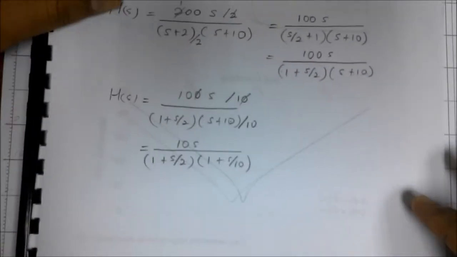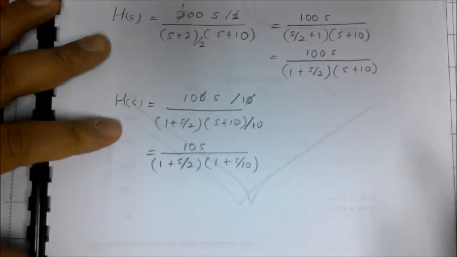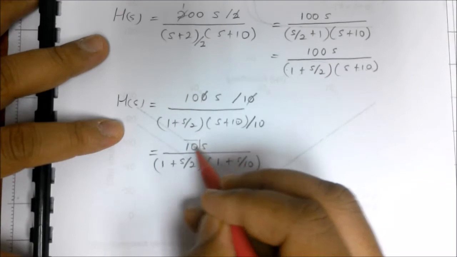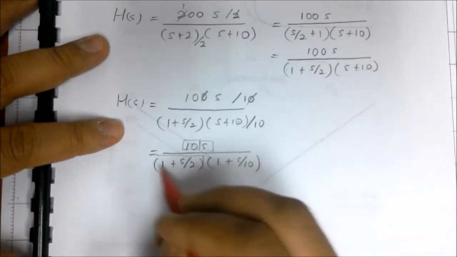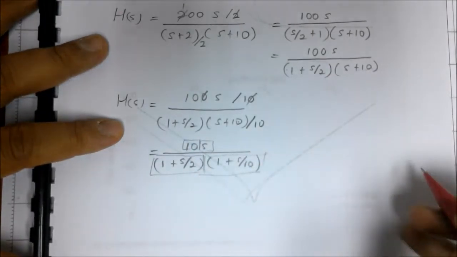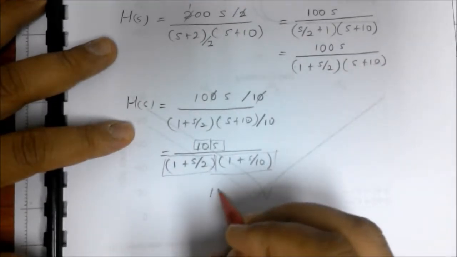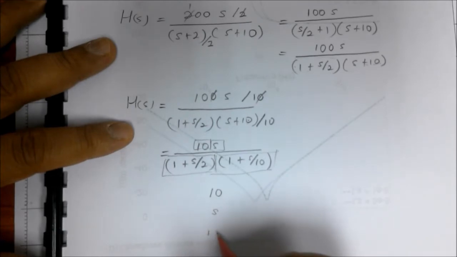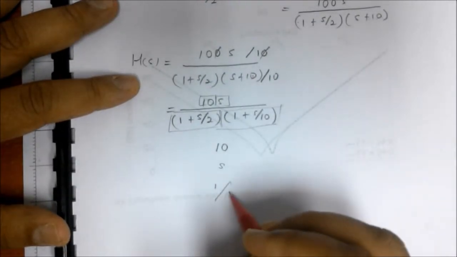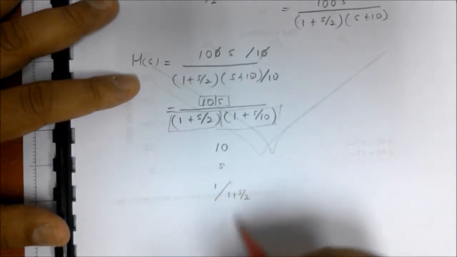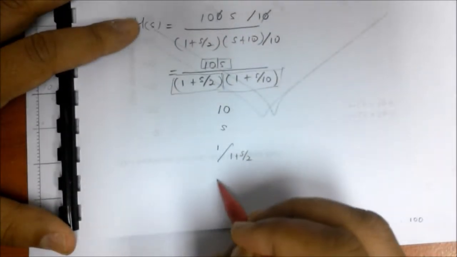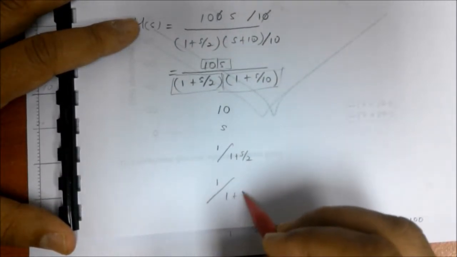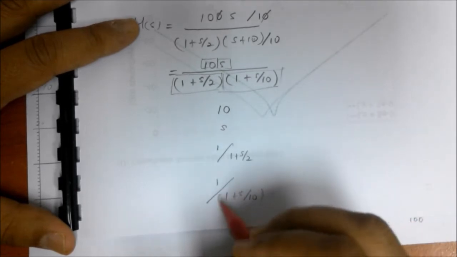Now let's draw the magnitude plot for this transfer function. Right, so we have 4 factors. Let's draw them: 10, s, 1 over 1 plus s over 2, and 1 over 1 plus s over 10.